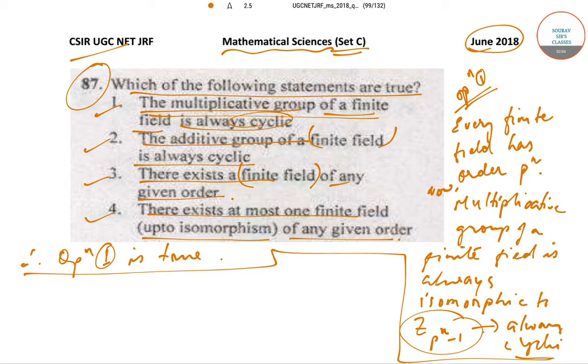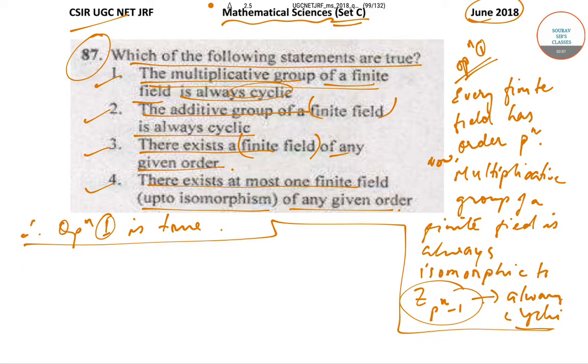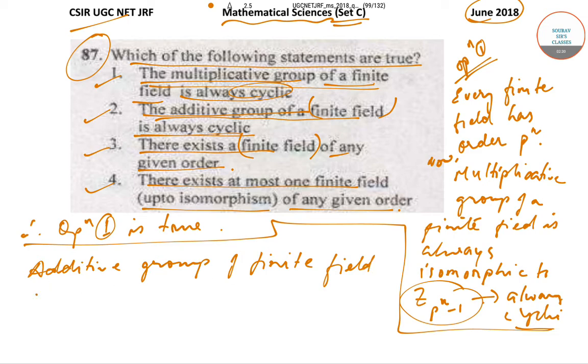Option 1 is true. Now let us shift our focus to option 2. In option 2 it has been said that the additive group of a finite field is always cyclic. This is not necessarily correct. Suppose we have a finite field of order 4. Now the additive group of a finite field of order 4 is isomorphic to Z4 or Z2 cross Z2.